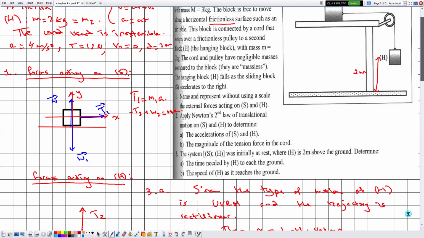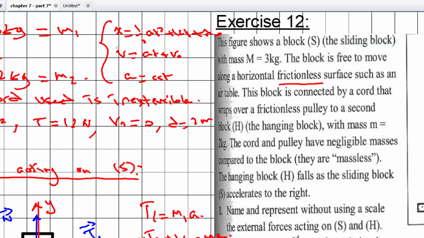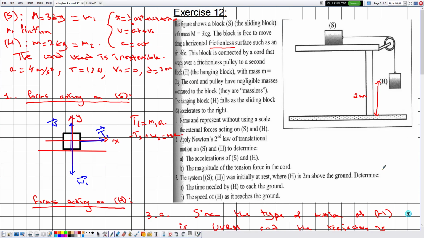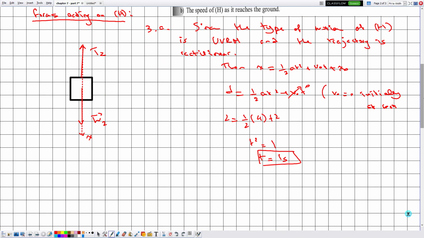Now the speed of h as it reaches the ground, so we will use this equation, v is equal to a t plus v0. Here you can say that since the type of motion is UARM, then this is 4t plus v0, v0 is 0, so it is equal to 4 multiplied by the time, which is 1 second.